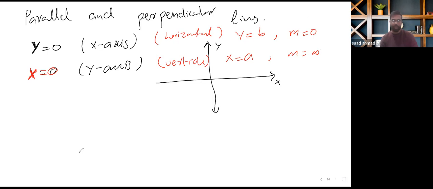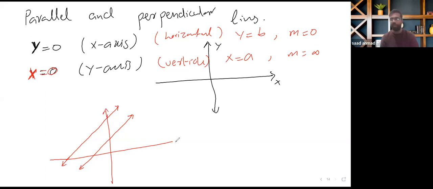Let's say two lines have the same slope. We have a line here and another line here, just like a railway track. The two sides of a rail track never intersect with each other. They keep moving straight, so they are parallel.